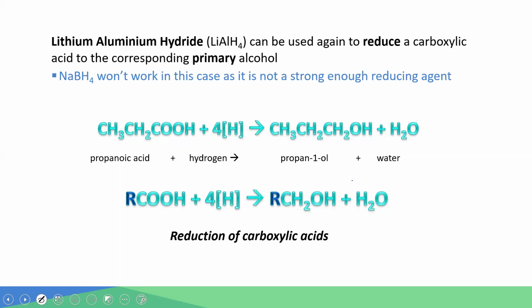You have to look at it orally, but you have to absorb the equation 4[H]. 4[H] means it's a game of reduction. That's the reducing agent in the bracket. LiAlH4 is a reducing agent. Now look at these reactions orally.